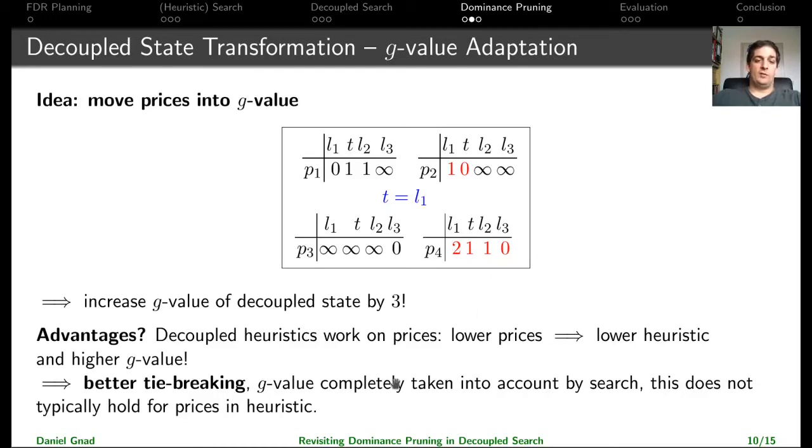Additionally, the g-value is always completely taken into account by the heuristic, while for heuristics, this might not necessarily hold. So they might not be able to capture everything that's incorporated in the prices. Think of blind search as an example, where all prices are basically ignored. So there is lots of information that we could use for pruning, or for search guidance also, that is just not used, and this is obviously not good.